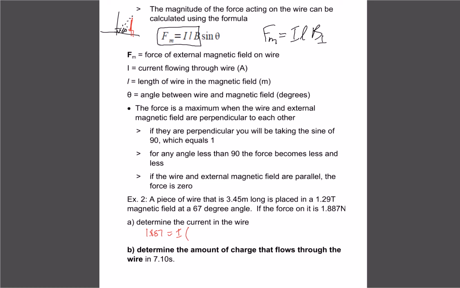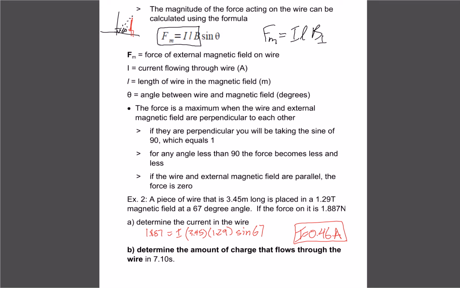Our L is 3.45, our B is 1.29, and our angle is 67 degrees. So if we rearrange that equation, solve it for I, we will get 0.46 amps. So remember from before, current was just measuring how much charge is moving per second. Okay, so it's 0.46 amps.